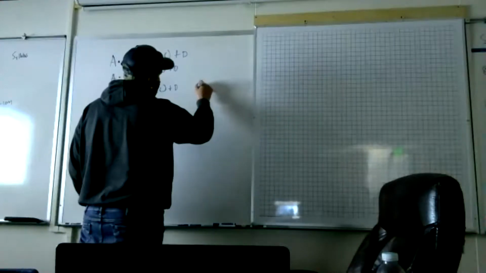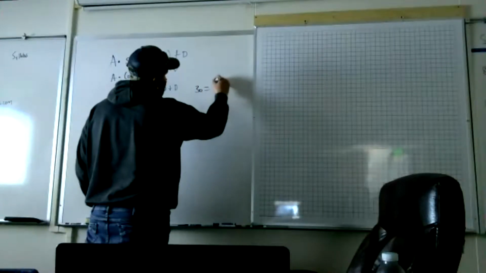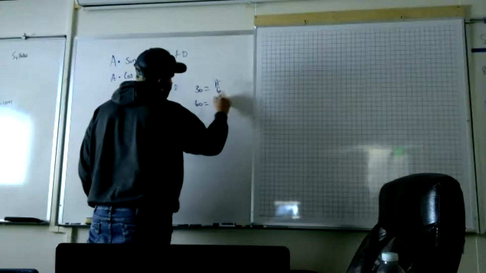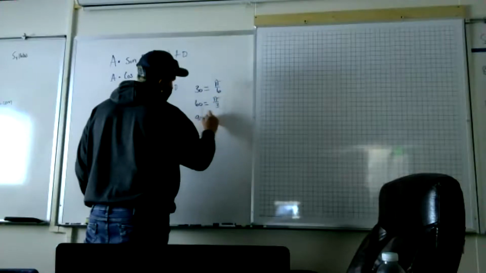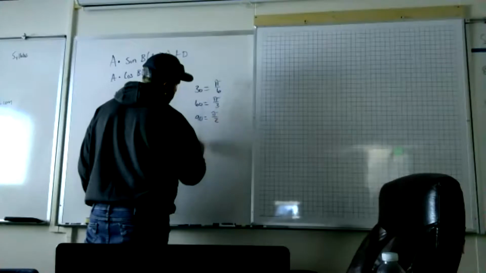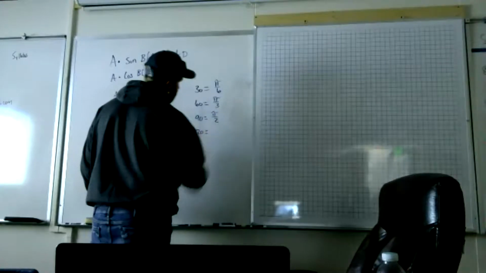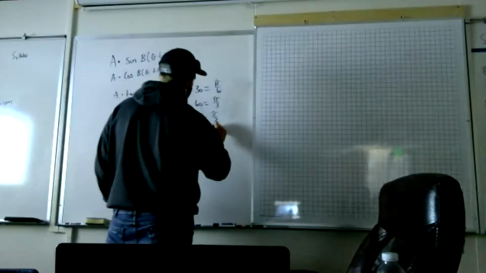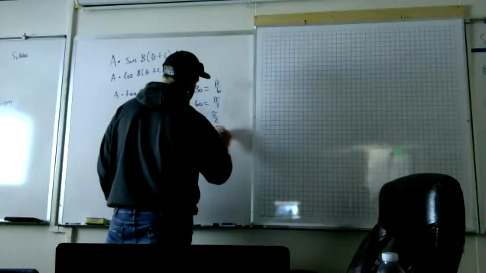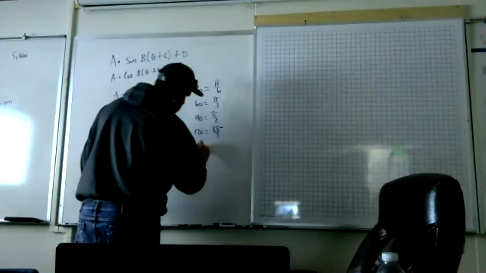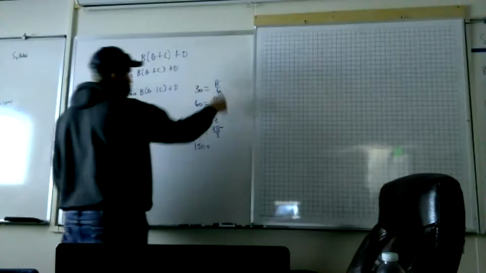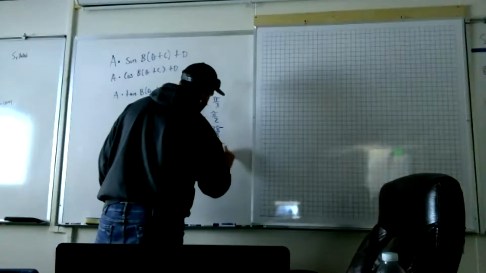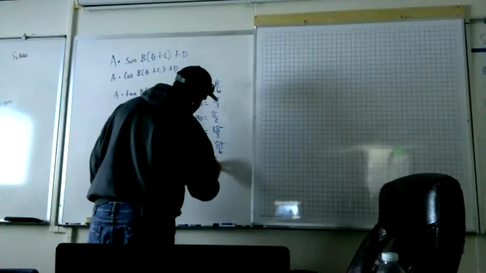So 30 degrees is equal to pi over 6. 60 degrees is equal to pi over 3. 90 degrees is equal to pi halves. 120 degrees, that is 2 pi over 3. 150 degrees is 5 pi over 6. 180 degrees is just equal to pi.